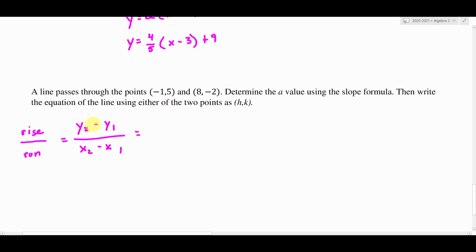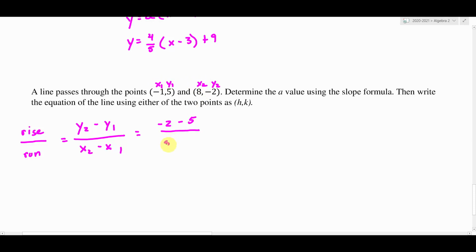So let's do that calculation real quick. These are the two y coordinates, right? Let's call this y1, and this will be y2. So if I do y2, that's -2 minus y1, which is 5. There's my calculation for the rise. I'm going to do the same thing for the x's, so we'll say this is x1 and this is x2.